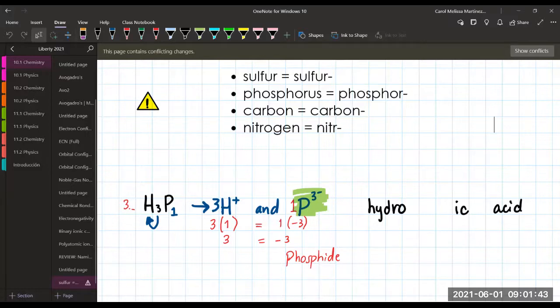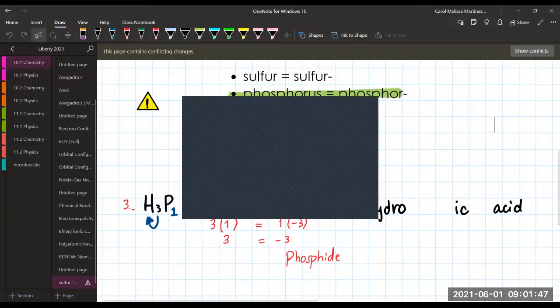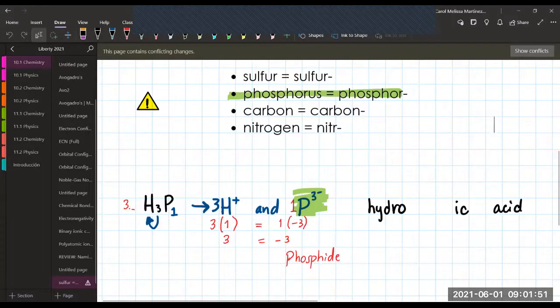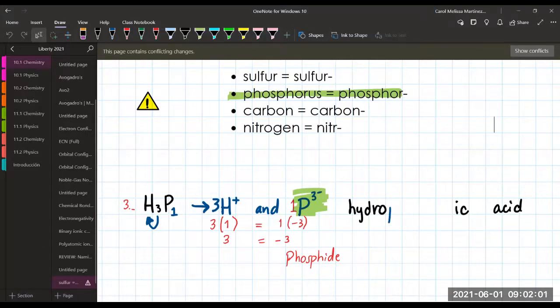Hydrophosphoric acid. Exactly. I gave you the special root that whenever you have phosphorus, the root is going to be phosphor. So this is going to be, in the end, hydrophosphoric acid. Very good. Remember, this trick is only when you have 2 elements acids.